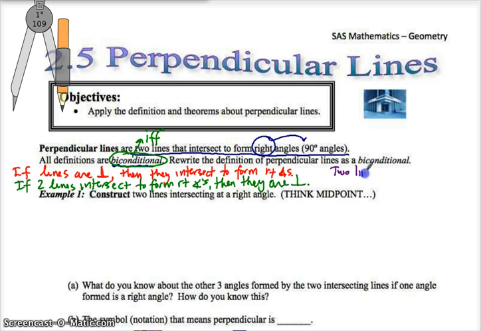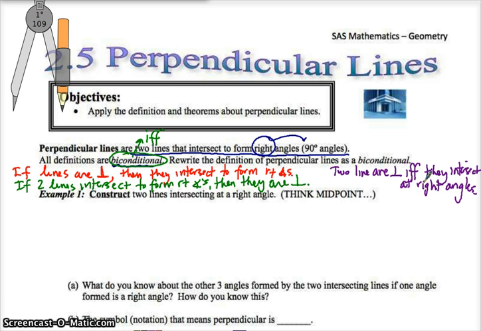Two lines are perpendicular if and only if they intersect at right angles. So it goes both directions.